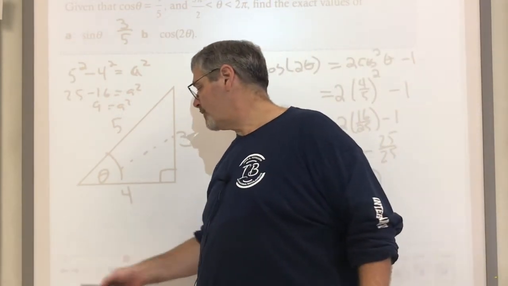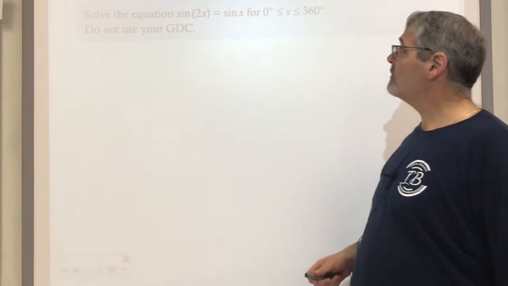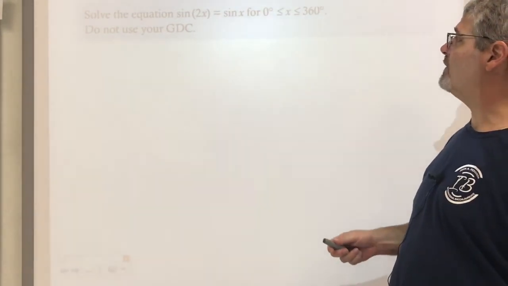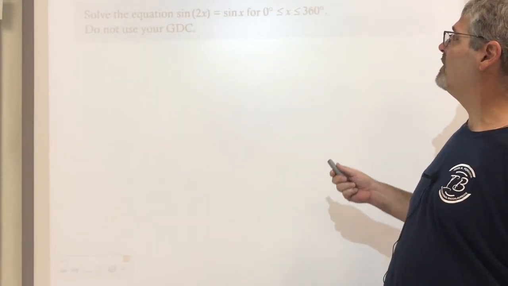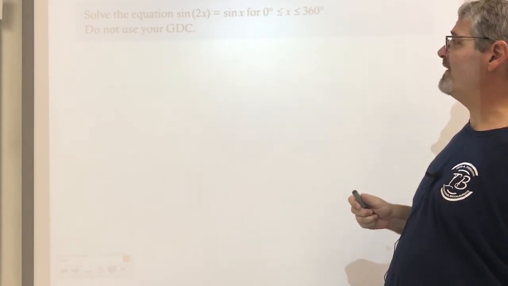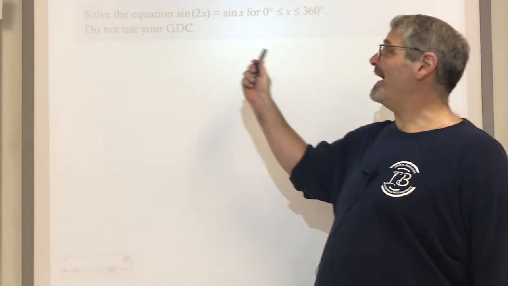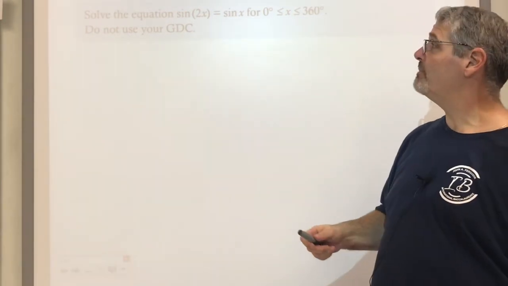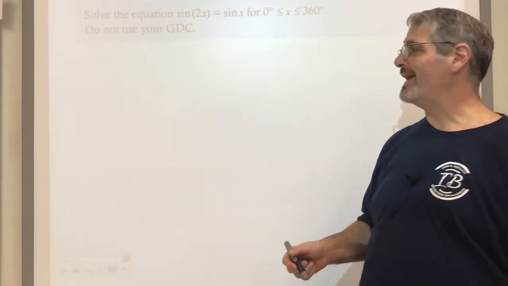All right, let's take a third example. Solve the equation sine of 2x is equal to sine of x for 0 to 360. And they're telling me I cannot use my GDC. Well, the sine of 2x only has one identity.